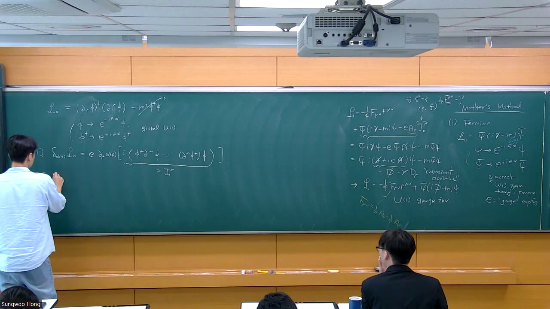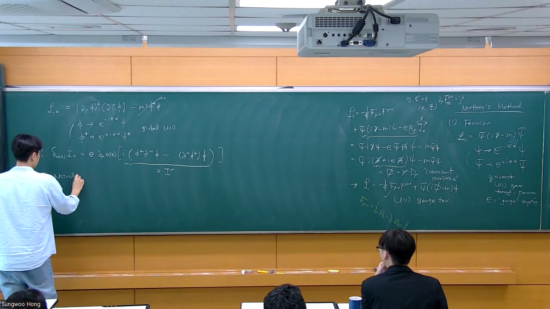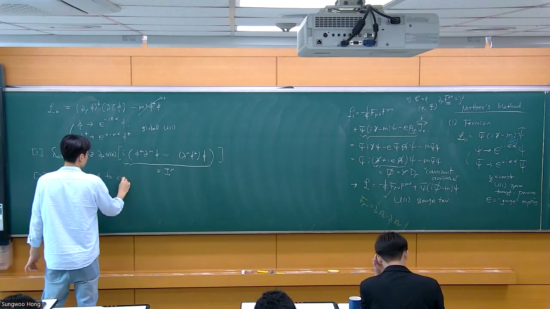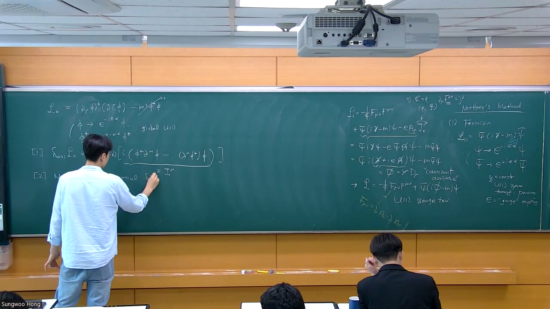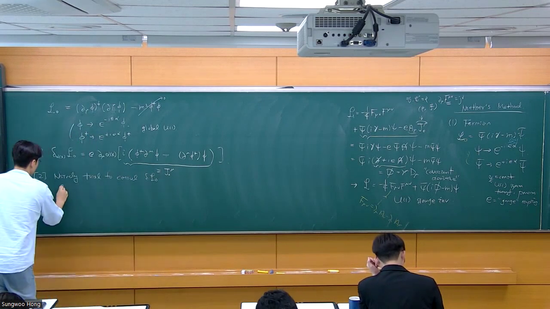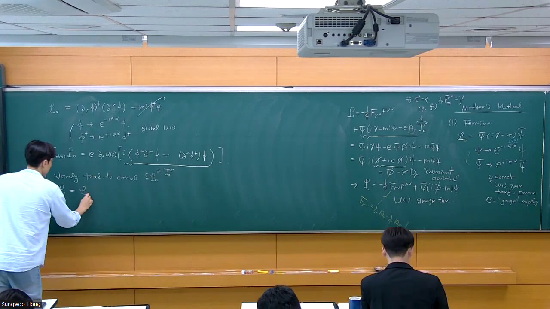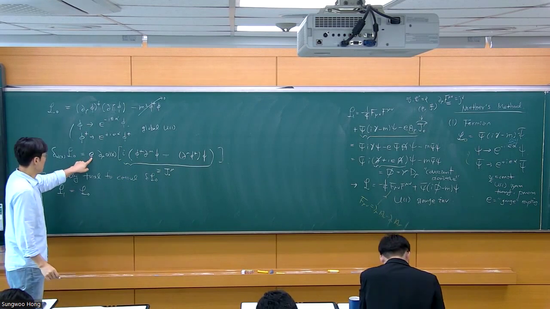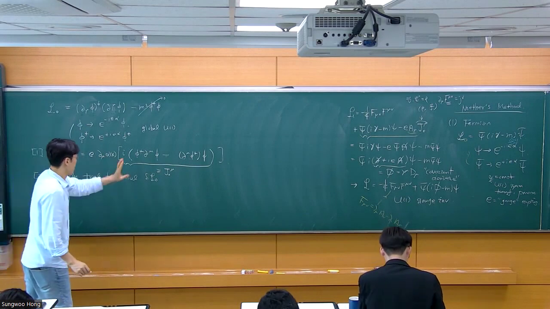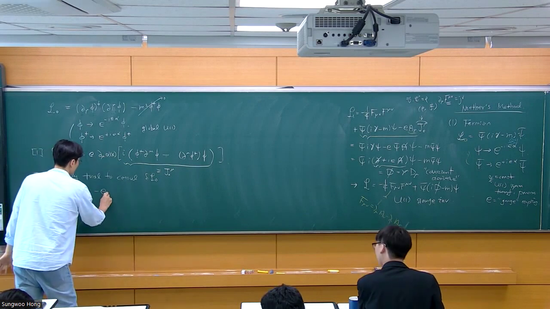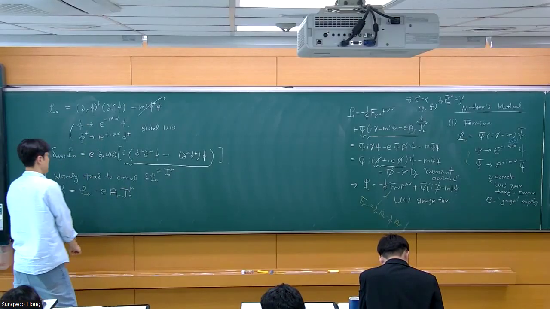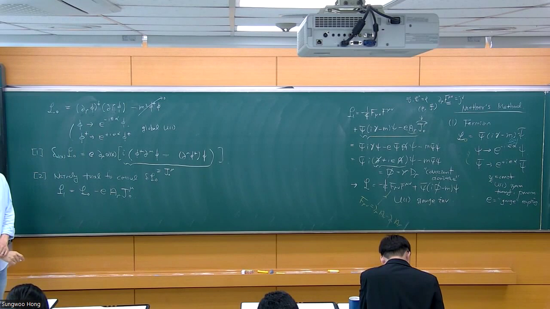A naive trial to cancel this variation is to promote the Lagrangian, including the first term, which has a plus e derivative of alpha times the current. So naively, if I write it as a gauge field coupled to this, that looks like a good trial, right?